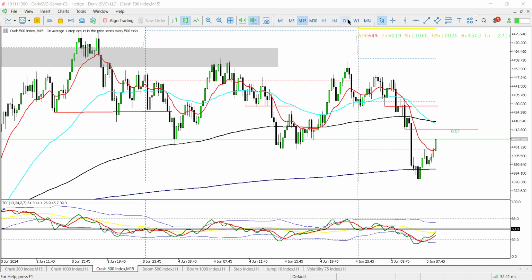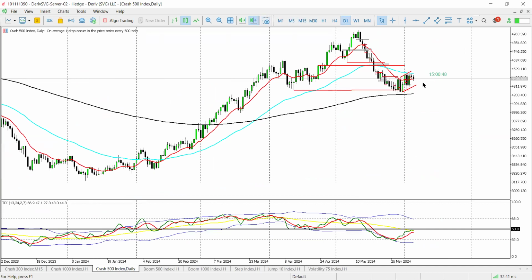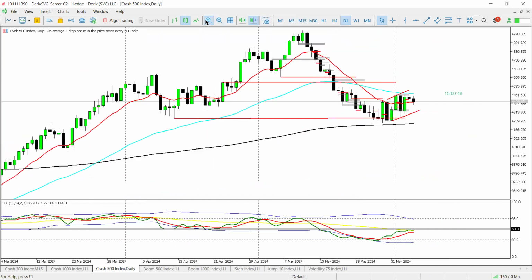But in terms of bias now, remember yesterday I mentioned we still want this price to come outside these moving averages. So if price decides to push down, we will be below the 13, and I'll be happy to get it to close below the 13 so that tomorrow we can confidently sell. But for now, still tricky.